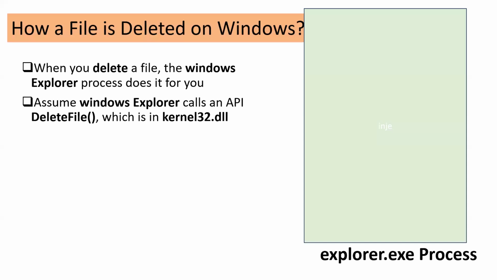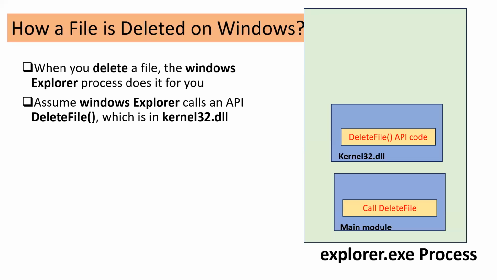Now internally, assume that Windows Explorer calls an API DeleteFile, which is implemented in kernel32. When Explorer tries to delete a file, the main module in Explorer calls DeleteFile, whose code is implemented in kernel32.dll.